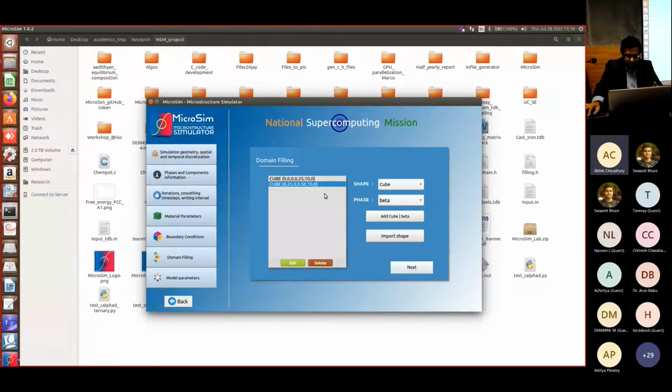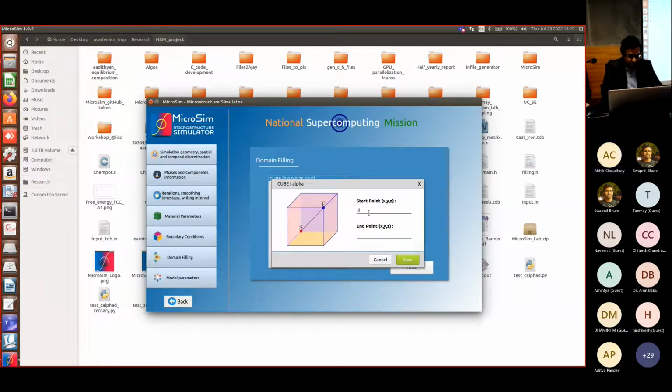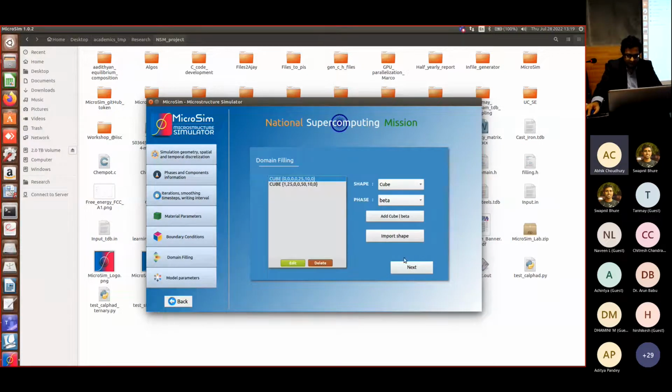The way to do that is to delete this because we have filled wrongly. We have to fill beta. So add 25, 0, 0 to 50, 10, 0. OK, so you have filled one phase with the cube until 25, 10, and then the cube for phase 1. So this first is the phase index, 25, 0 to 50, 10, 0. So you'll see what the shape looks like in a few moments.